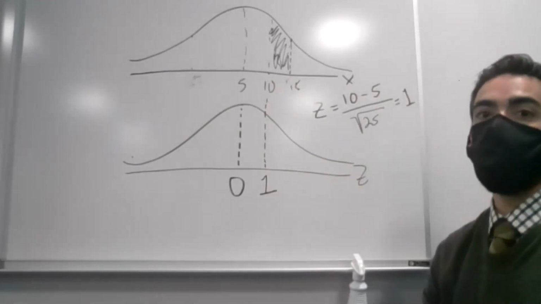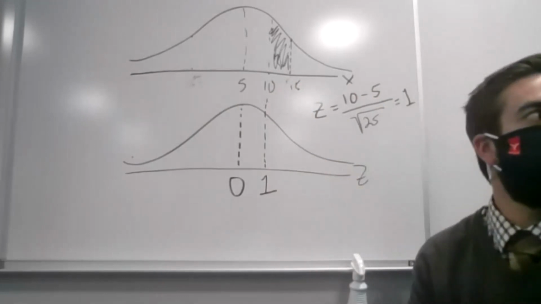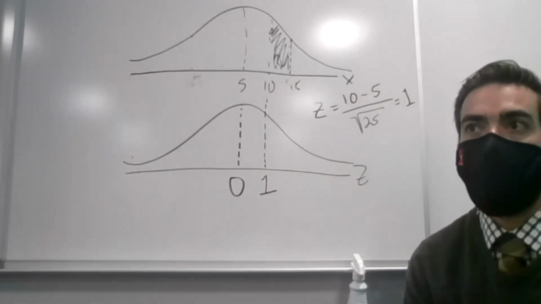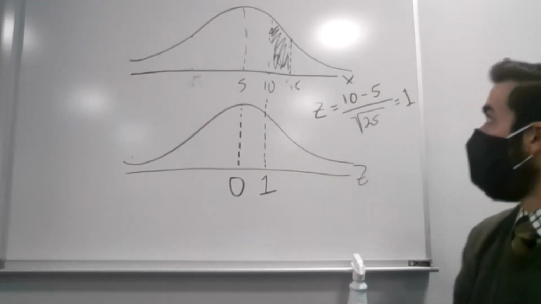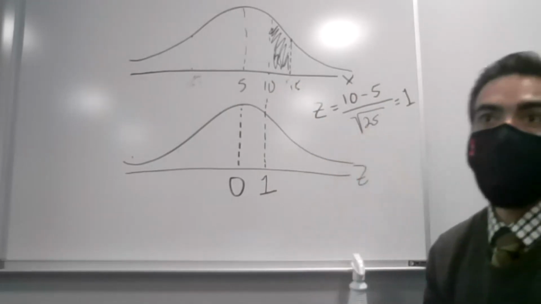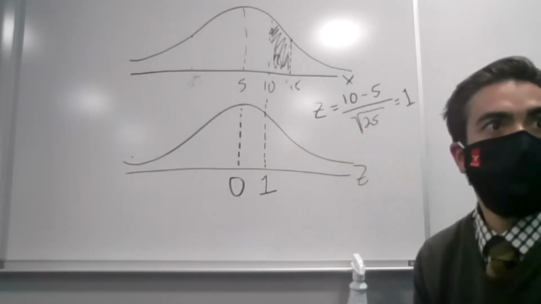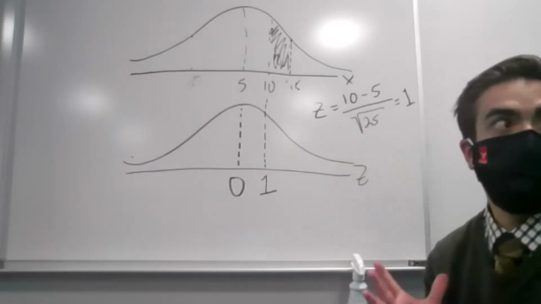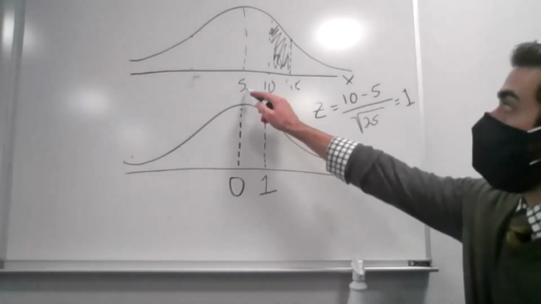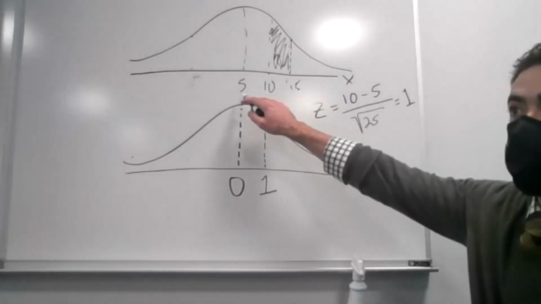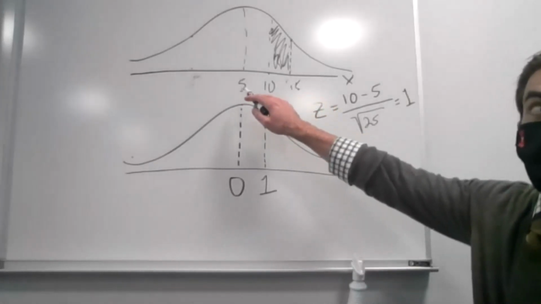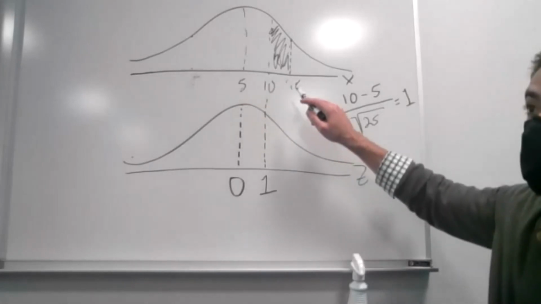Now, if I think about this one intuitively, you don't have to use that formula. It helps me when the numbers aren't as nice. But if my variance is 25, my standard deviation is what? Square root of that, so 5. How far away is 15 from the mean? 10. The standard deviation is 5, and this is 10 away from the mean.